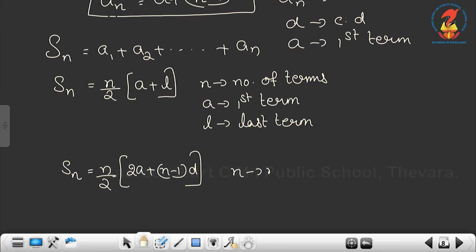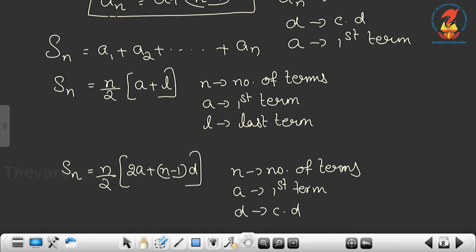Okay. N means number of terms, A means first term and D is the common difference.